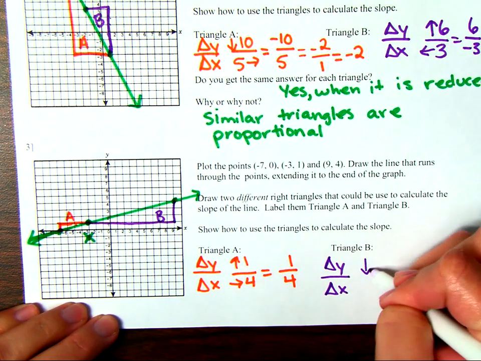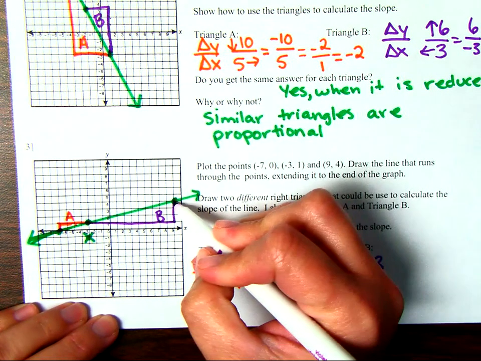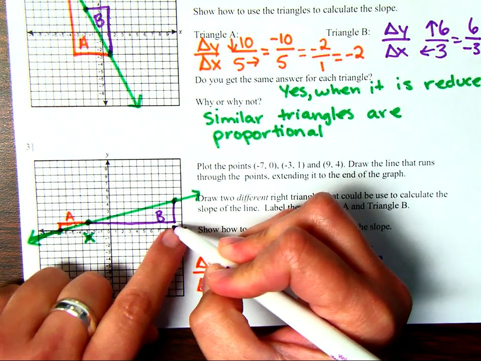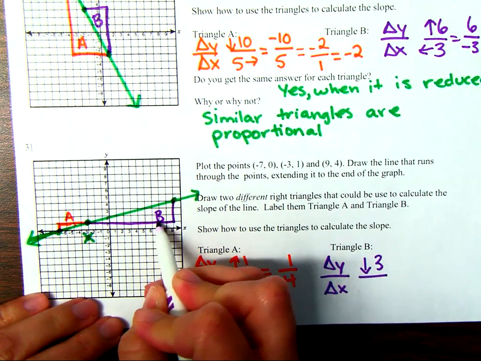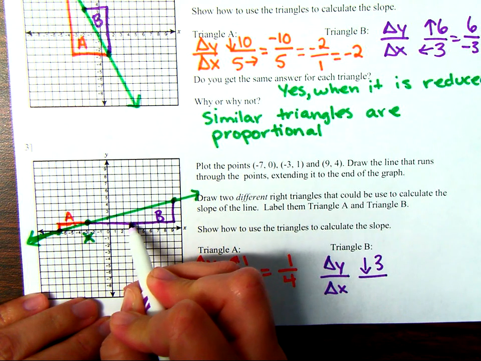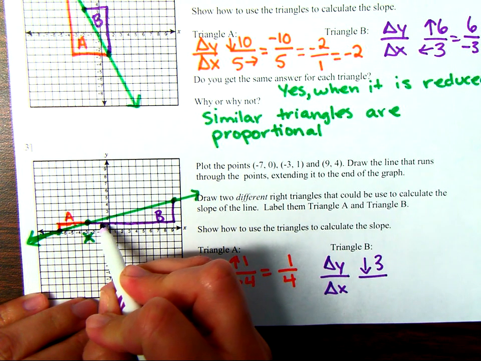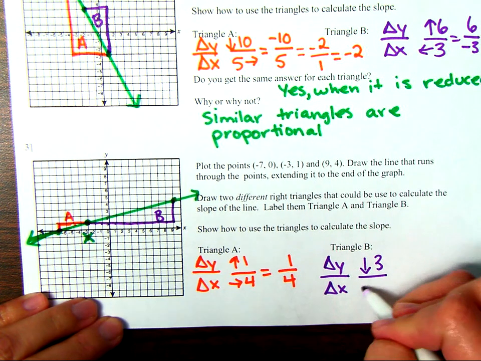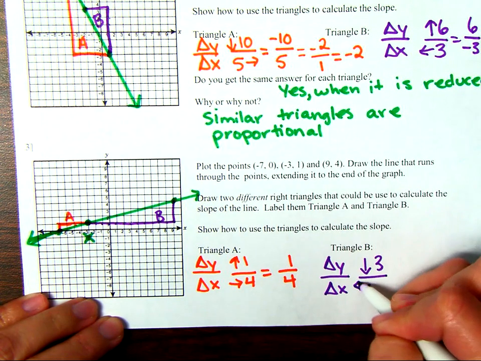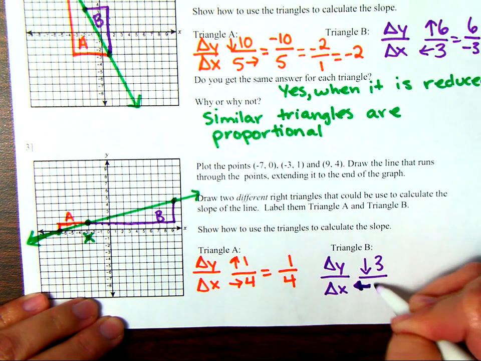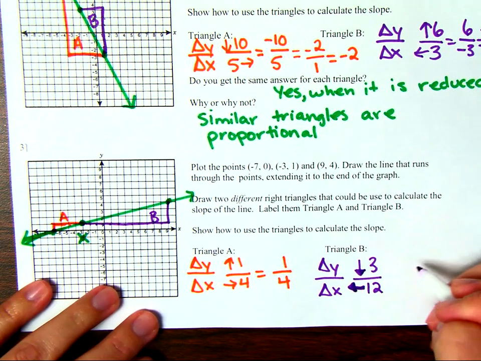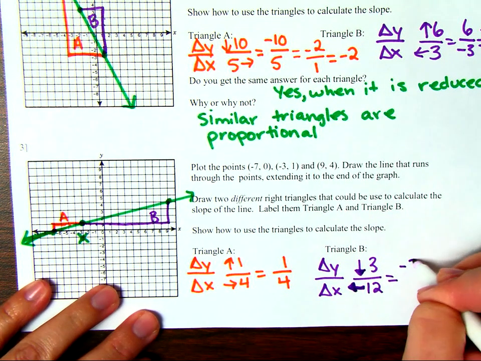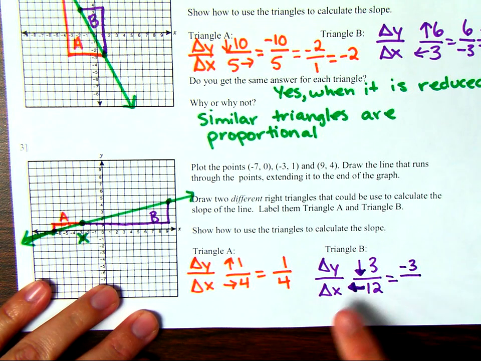If I moved 3 down, now I'm going to move over to land at this one. So let's count. 1, 2, 3, 4, 5, 6, 7, 8, 9, 10, 11, 12. I went 12 units to the left. It's a weird arrow. There we go. Make it a little better. So if I go down 3, that's a -3. If I move to the left, that's a -12.